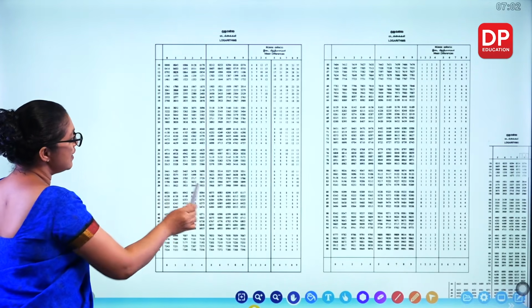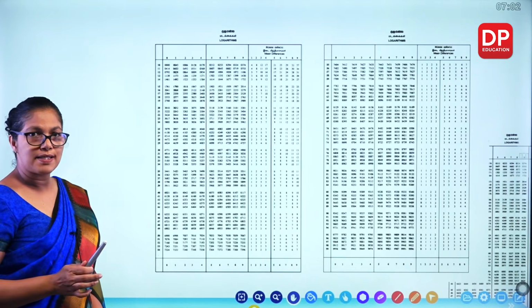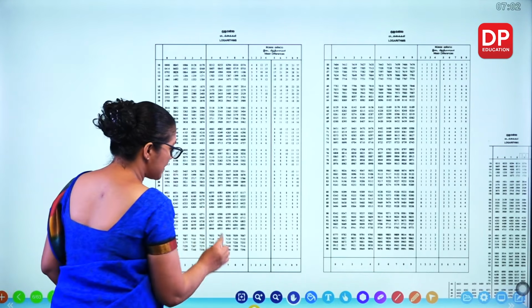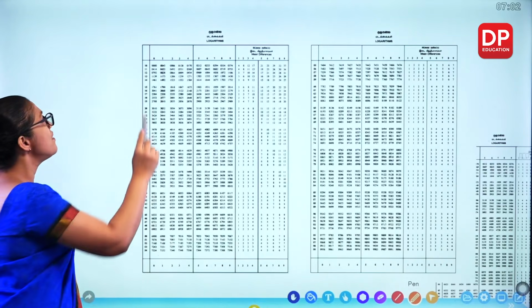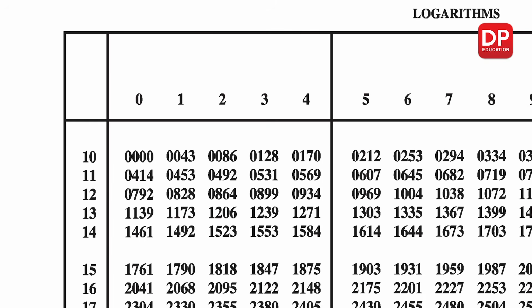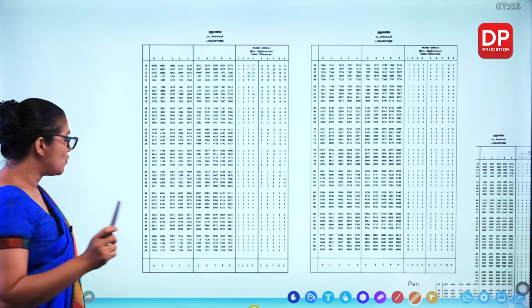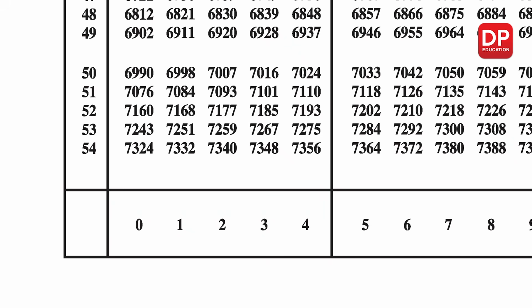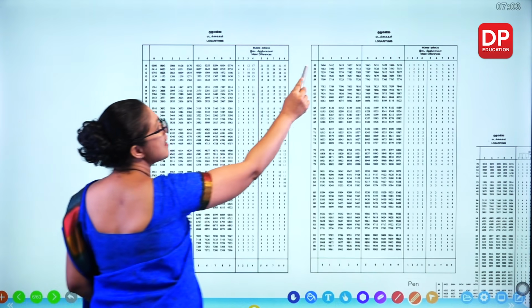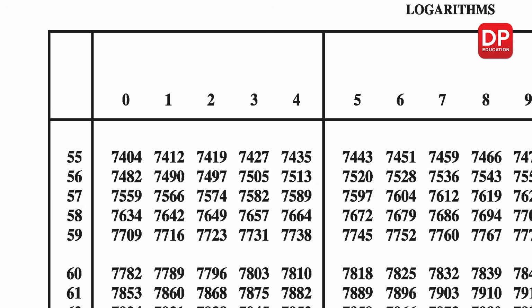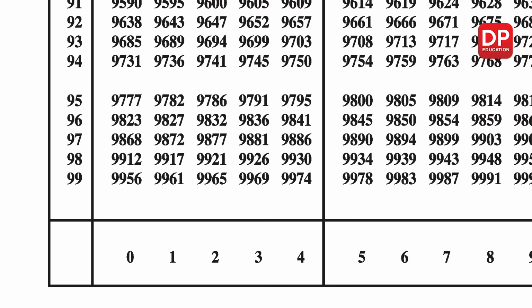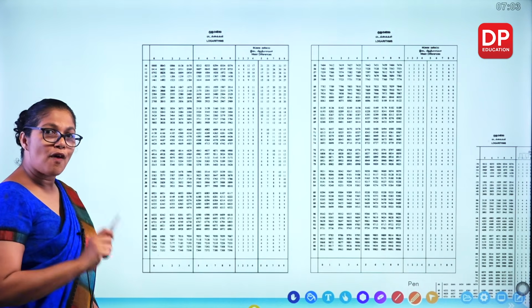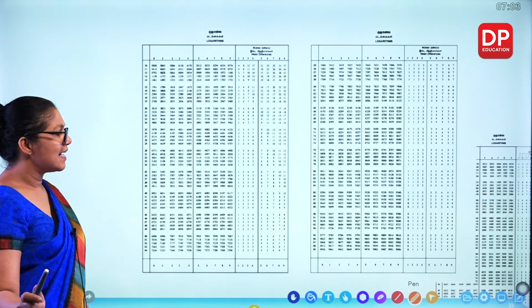All these digits are there without any decimals. Now when you refer to this 10 to 54, actually this is not 10, it's 1.0. 11 is 1.1. So what does 54 mean? 5.4. Then starting from 55, 5.5. The last number is 9.9. So what are the numbers here? 1 to less than 10.